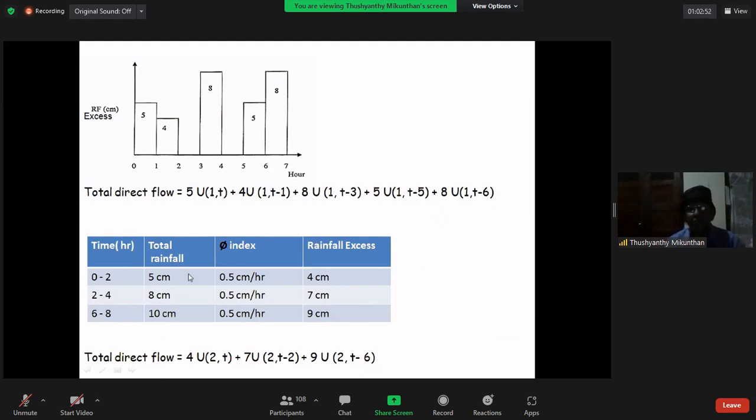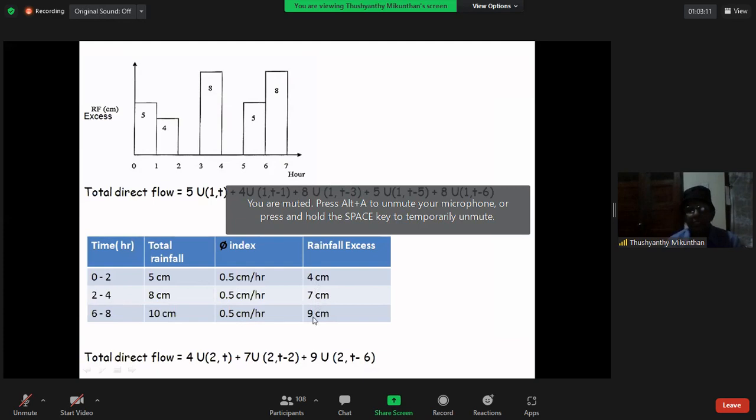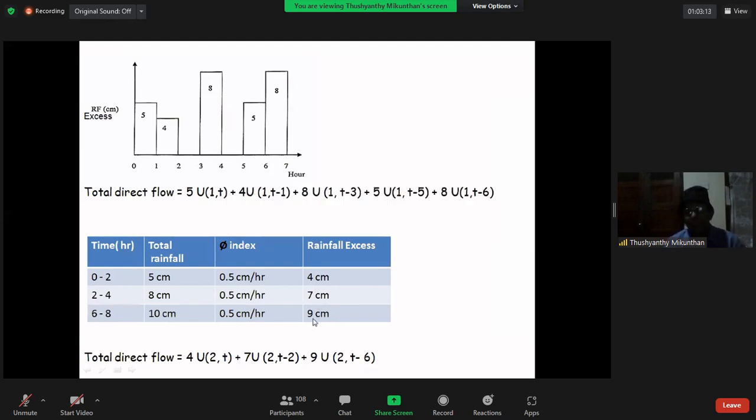Likewise, in the second example there are 3 rainfalls. Total rainfall is given, pi index is given. Since it is a 2 hour duration rainfall, 0.5 into 2, so the rainfall excess is 4 centimeter, 7 centimeter, 9 centimeter.